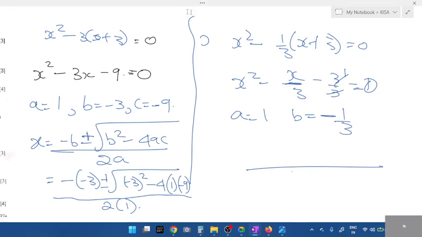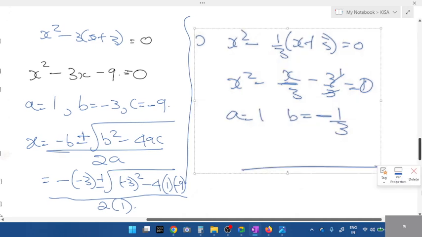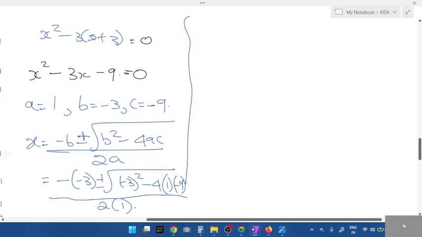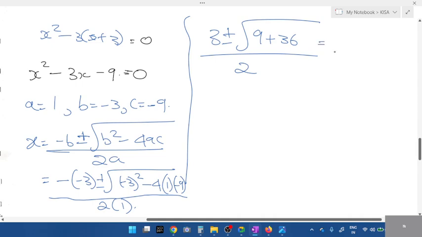Is this clear? That's it, the concept is the same. All of you try this. Minus into minus is plus 3, plus minus, what value will you get? 9 plus 36 is how much? 45. So 3 plus minus square root of 45 divided by 2.